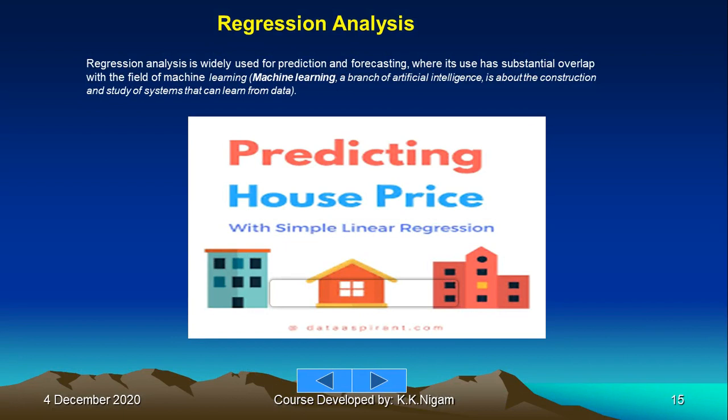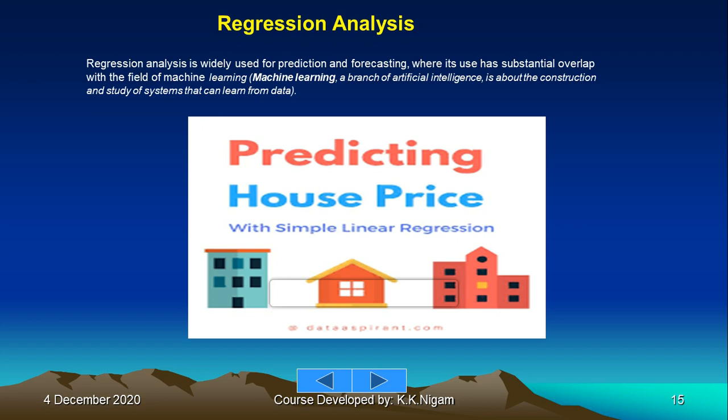Regression analysis is widely used for prediction and forecasting, where the use has substantial overlap with the field of machine learning, which is a branch of artificial intelligence and is about the construction and study of systems that can learn from data. So when we come to machine learning, if you remember when we talked about data science, it is the machine learning, that means the machine learns with the data.